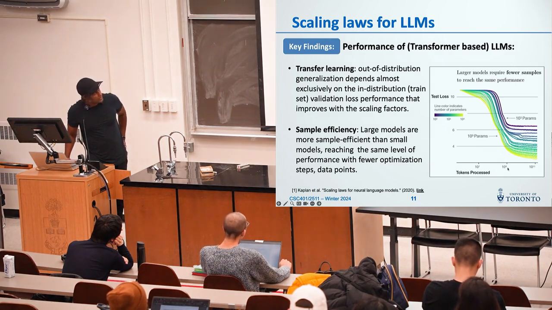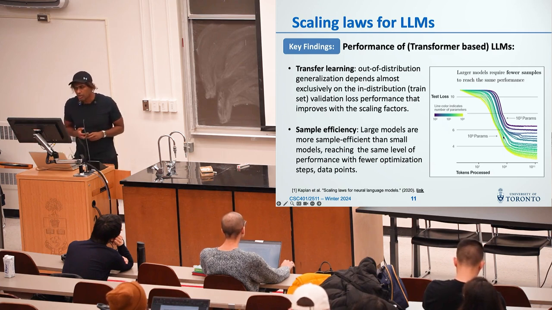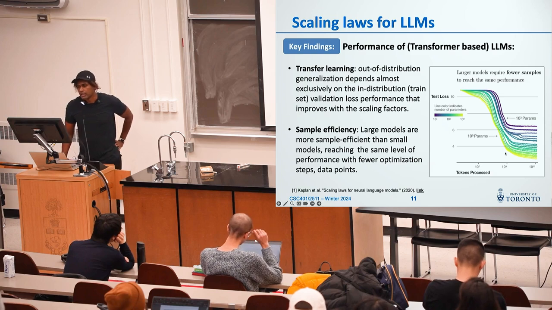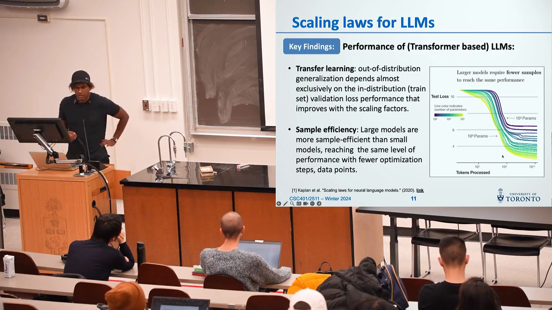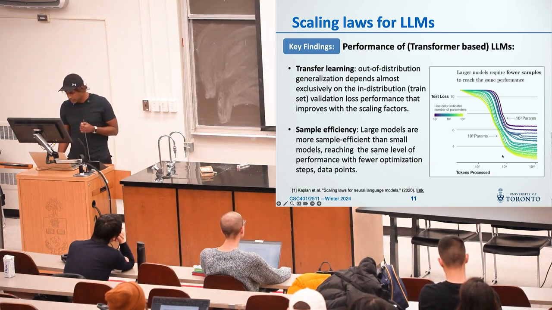Tokens processed is the dataset size. At the same number of tokens processed, you have a much lower loss curve for the larger models, which also shows that large models are more sample efficient than small models, reaching the same level of performance with fewer optimization steps.